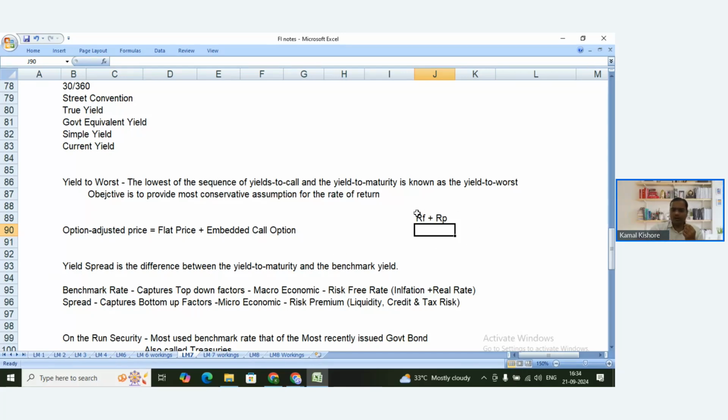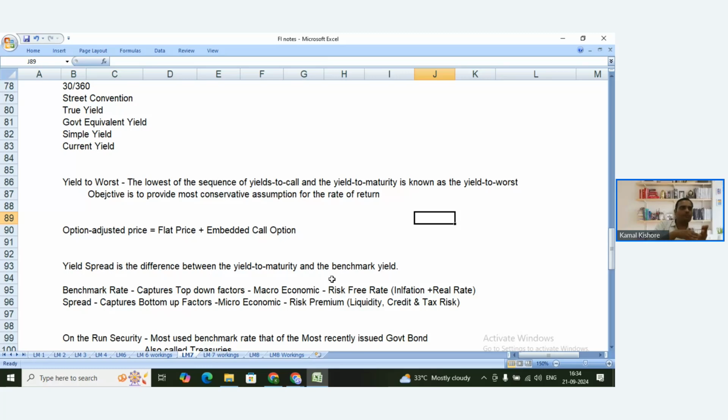Now, there is something called benchmark yield and YTM. What is the benchmark yield? Benchmark yield is generally your risk-free rate. Everything is based on the benchmark yield. See, when you say risk premium, you say the required rate of return on my equity is 15%.